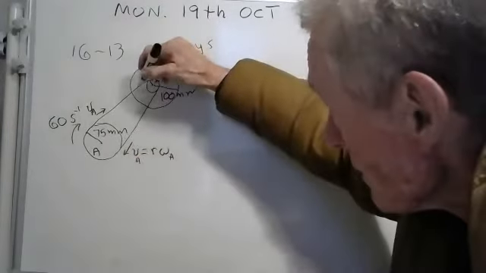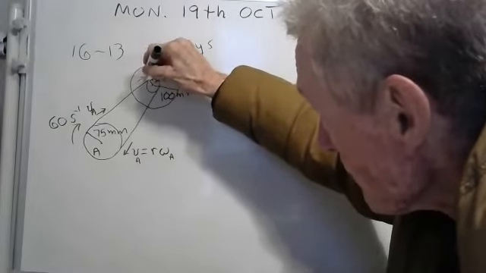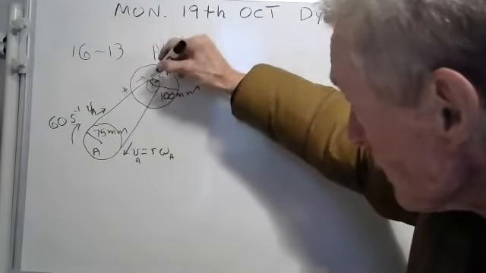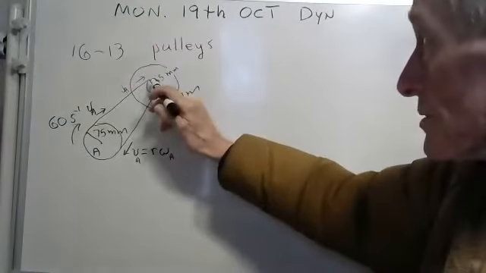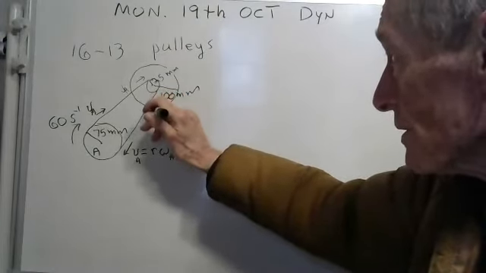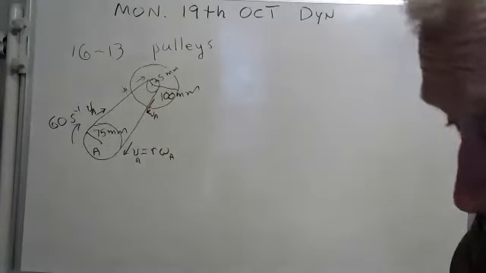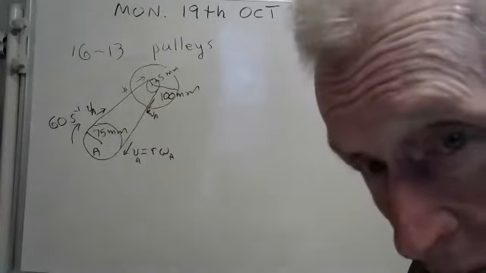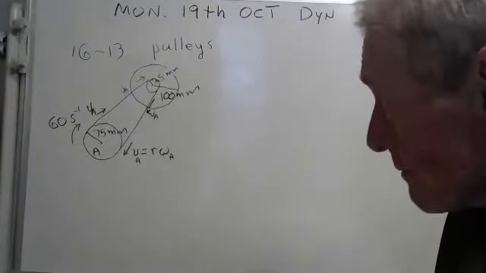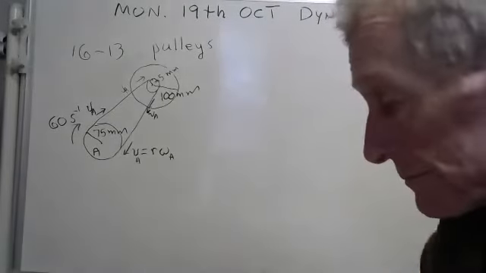That same belt has a velocity here of v sub A, and it goes around this little pulley here, and it has the same velocity here of v sub A. It's got to have the same velocity because it doesn't stretch or shrink. It's a belt, and it's just going around and around, and the velocity is equal to R omega.